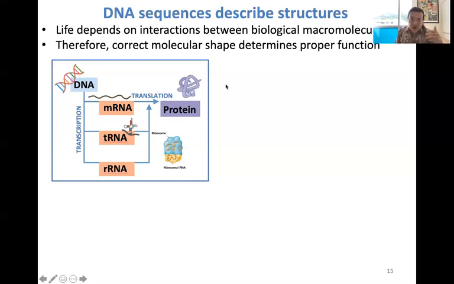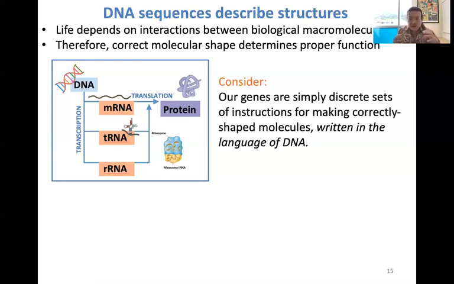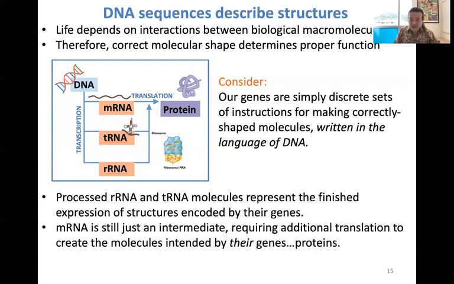But all of these are shapes, right? So our genes are simply discrete sets of instructions for making correctly shaped molecules that can then work together with other molecules to keep us alive, right? And those shapes are all written in the language of DNA, A's, T's, C's, and G's, right?